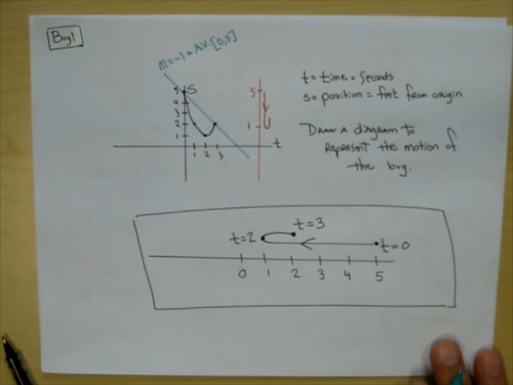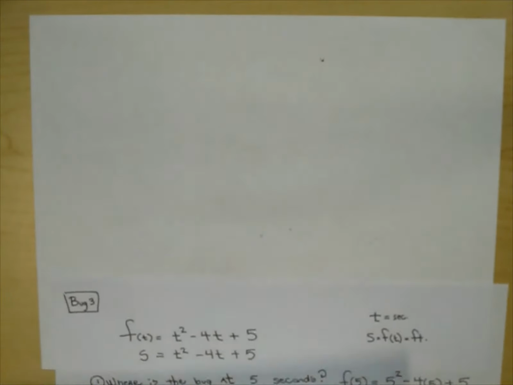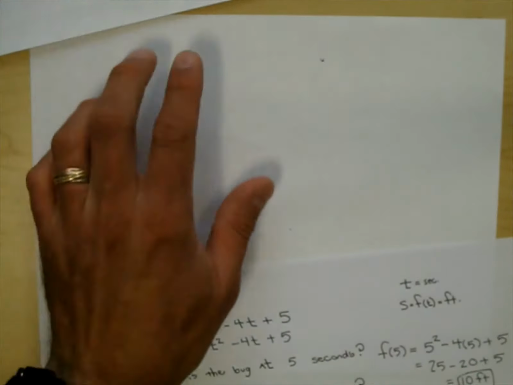So that average velocity does have graphical meaning. So this takes care of bug 1, 2, and 3.